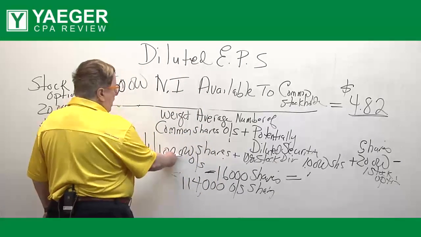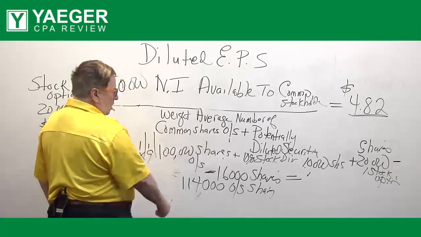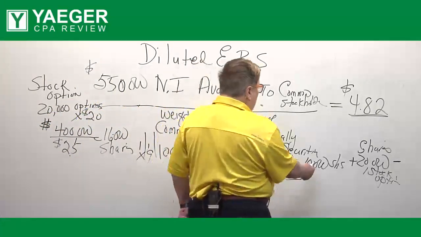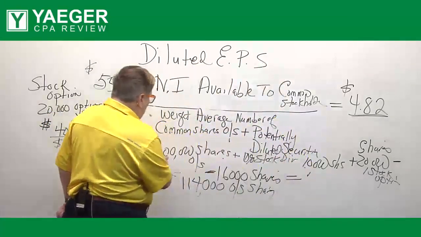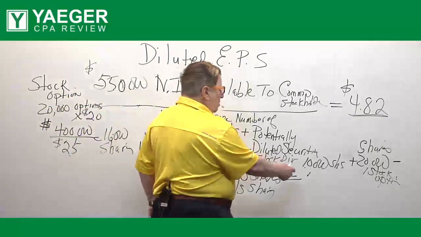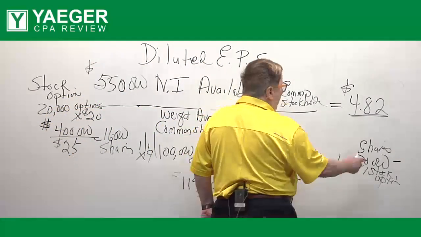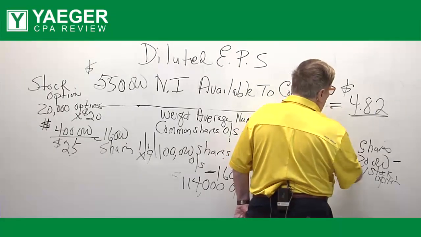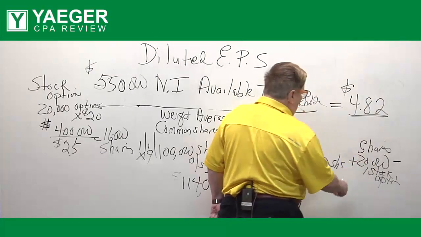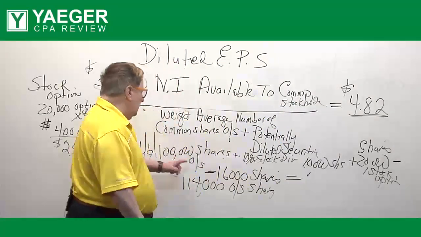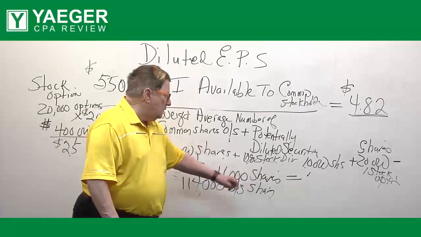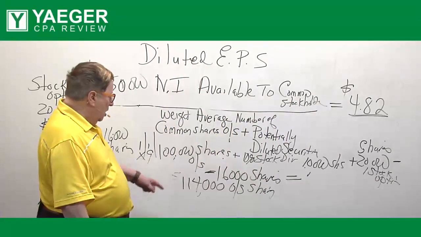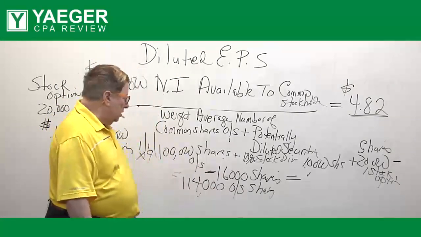So this is what we have. We have 100,000 shares, plus the 10% stock dividend of 10,000 shares. We're going to add the shares issued as a result of the stock options, increasing it by 20,000. And because we bought back 16,000 shares as treasury stock, this will reduce the outstanding shares.